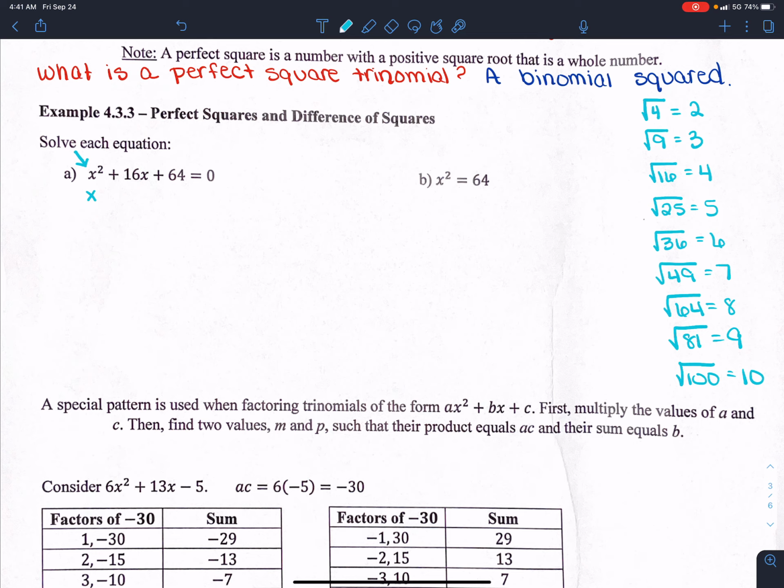Can I take the square root of that last term? Yes, the square root of 64 would be 8. For the middle term, I would have to do 2 times x and 8, which I'll write as 2 times x times 8.